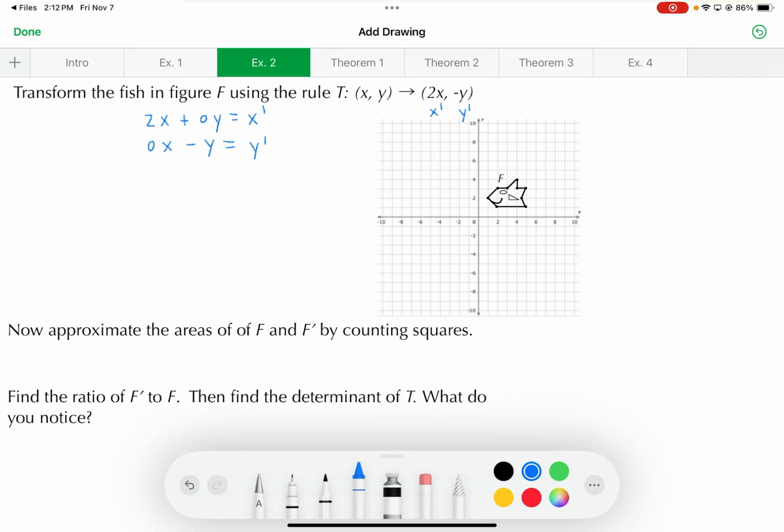Translate that into a matrix equation now. The transformation matrix would be 2, 0 in row 1, 0, negative 1 in row 2, multiplying a 2 by 1 of xy equaling a 2 by 1 of x prime, y prime.